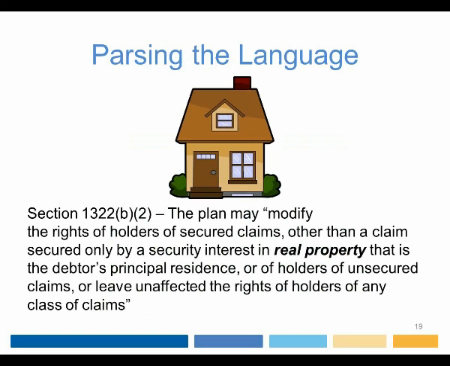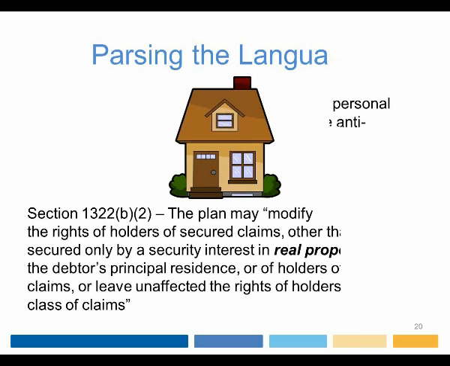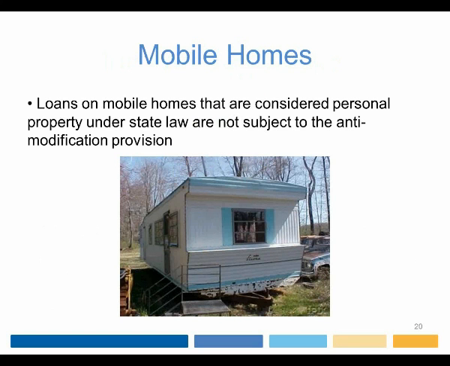Another one is the two words "real property" in this phrase. So if the property is not real property, then this doesn't apply. This could happen if you have a mobile home, and under state law it's treated as personal property rather than real property. Then you could strip it down.